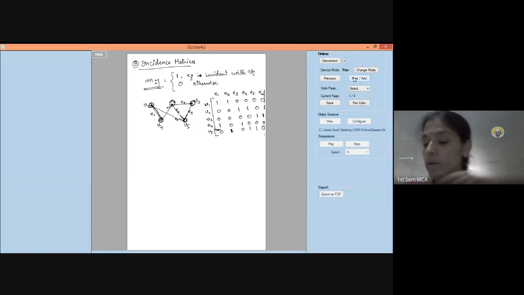So at every vertex, what are the edges that are starting at that particular vertex? That is what you have to see. Based on that, you mark those edges as 1 in the matrix. If there is no edge starting, then mark them as 0. That's all. Let's take another example. I'll give you one more graph. Probably you can try.